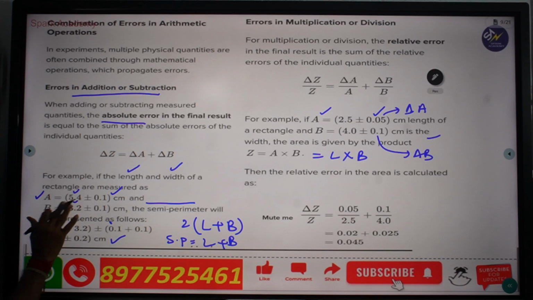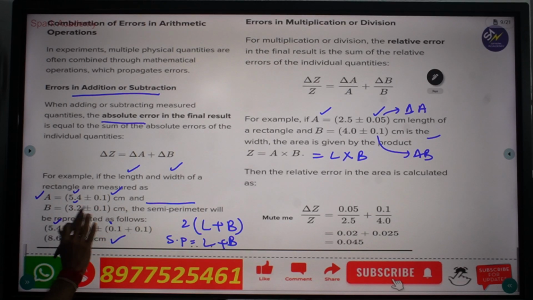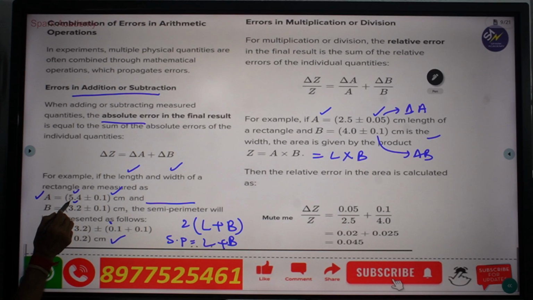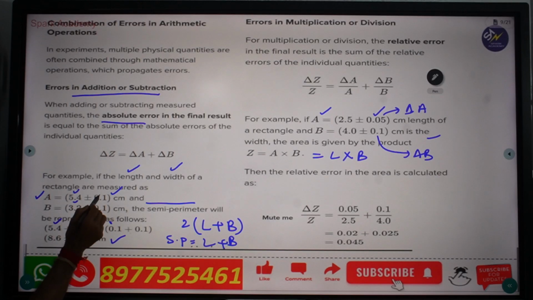So what you should do is add 5.4 and 3.2 first, to express it in a proper manner. These are the absolute values, 5.4 and 3.2. First you add them, then there are the errors, plus or minus, meaning there can be 0.1 more or 0.1 less.